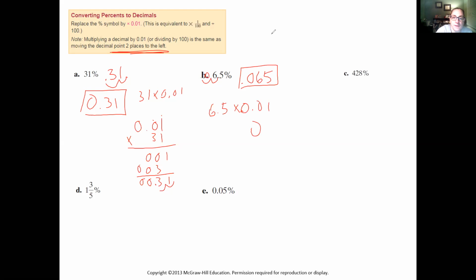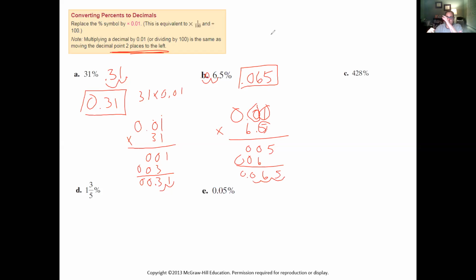So I'm going to just rewrite it. 0.01 times 6.5, 5, 0, 0, 6, 0, 0. Add, and we count up the decimal places. This time there's 1, 2, 3. And that's exactly what we got as our answer in the first place.